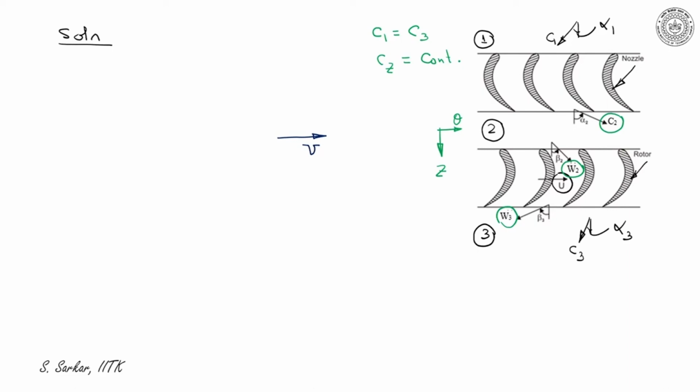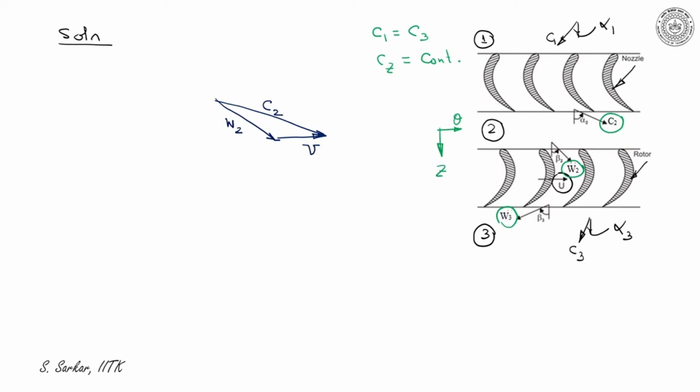So here this is W2, W2 and U would give you C2. This is W2 and this is C2.